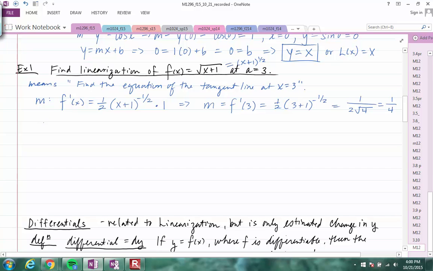So last thing, before we start working on our equation of the tangent line, we have the slope, we have the x value 3, we need to find the y value. And so all we need to do is plug in 3 for x in the original function.